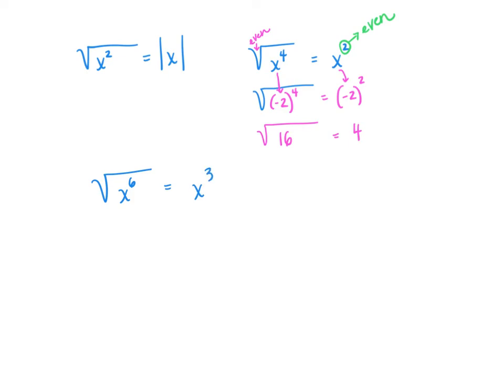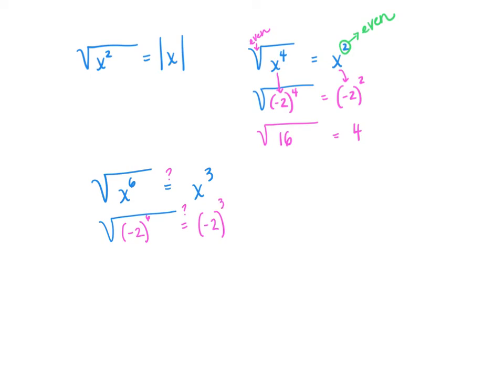But we need to determine, do we need those absolute values? So plug in a negative, because that's really where the problem usually lies, right? Let's look at this, and I'm going to put a question mark here. When I take the square root of the quantity negative 2 to the 6th power, does it equal the quantity negative 2 to the 3rd power?